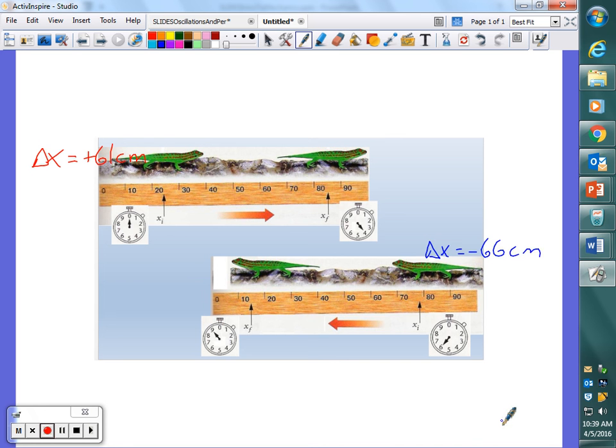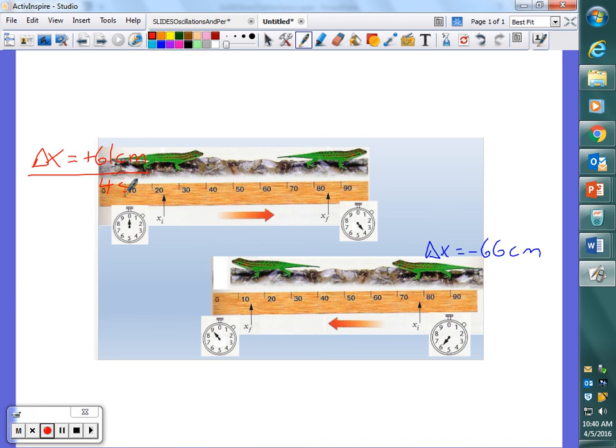Okay. So, we just learned that velocity, how do we calculate the velocity of something? Displacement over time, right? So we can take positive 61, and then based on our stopwatches here, how long? 4 seconds, right?